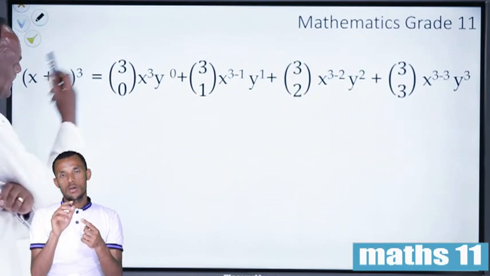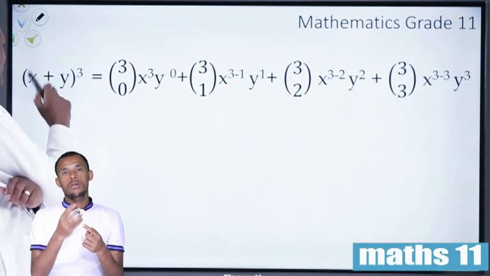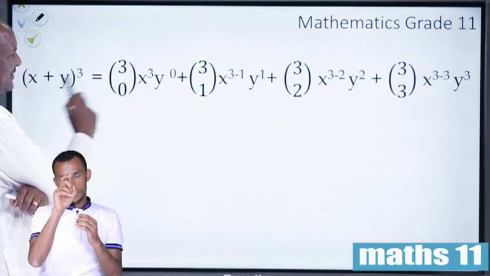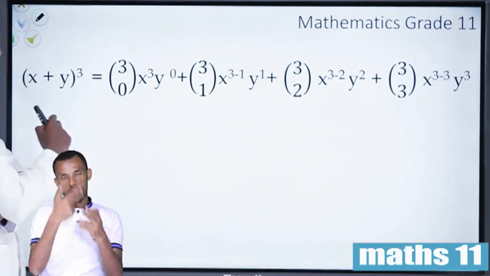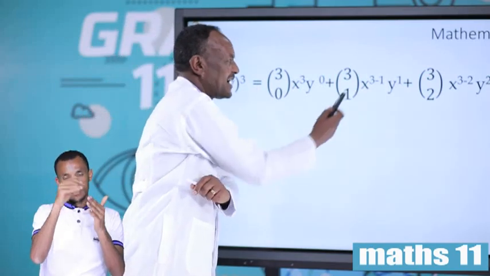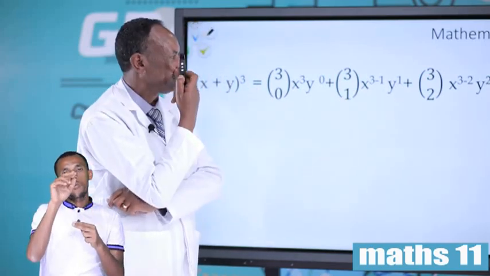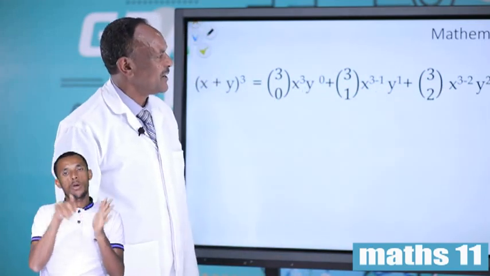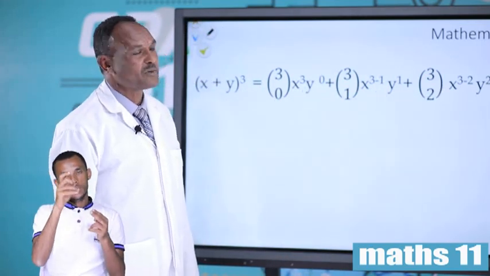You have terms. The maximum exponent of this expression is 3: x to the power of 3 times y to the power of 0. Since the exponent of x decreases, x to the power of 3 minus 1 times y to the power of 1, x to the power of 3 minus 2 times y squared, plus x to the power of 3 minus 3 times y cubed.